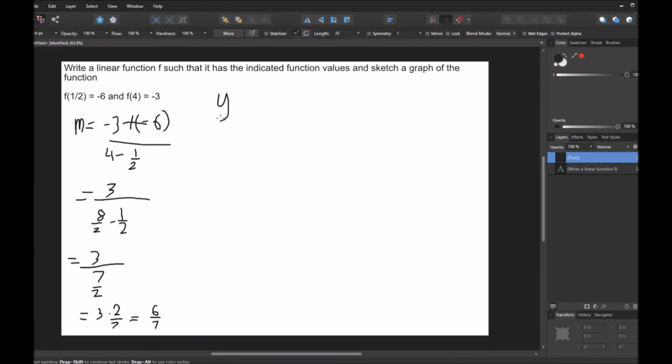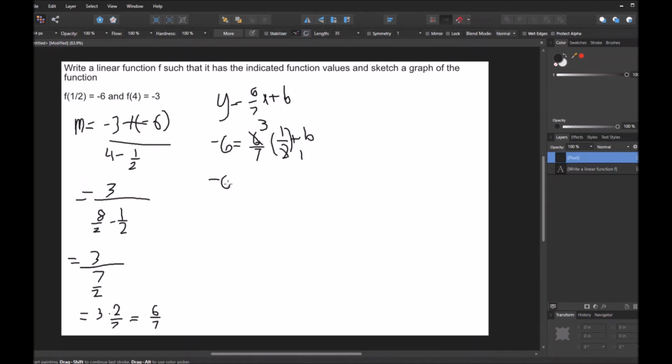So we're going to have y equals 6/7 x plus b. And now once again I can just plug in any ordered pair that I want. I'm going to plug in 1/2 comma negative 6, just because I think that might be a little bit easier on us in the end. So I'm going to have negative 6 equals 6/7 times 1/2 plus b. I can cross reduce this.